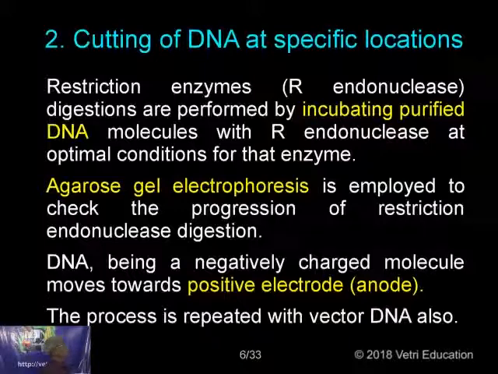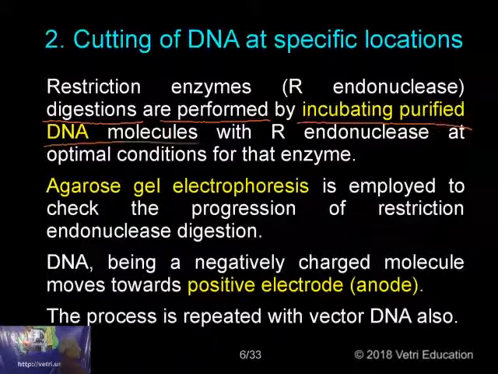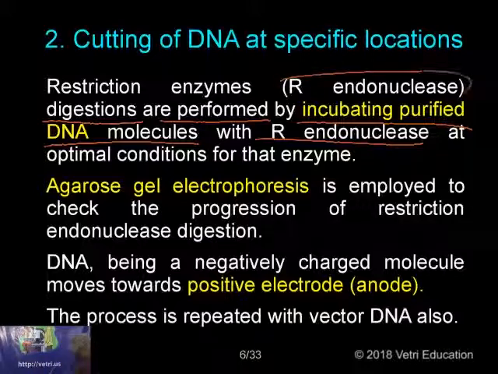The second step is cutting of DNA at specific locations. Restriction enzymes, also called endonucleases, are used. Digestions are performed by incubating the purified DNA molecules with the nuclease at optimal conditions for that enzyme. Each enzyme has a very narrow range in which it will be very active. You must be knowing about that.